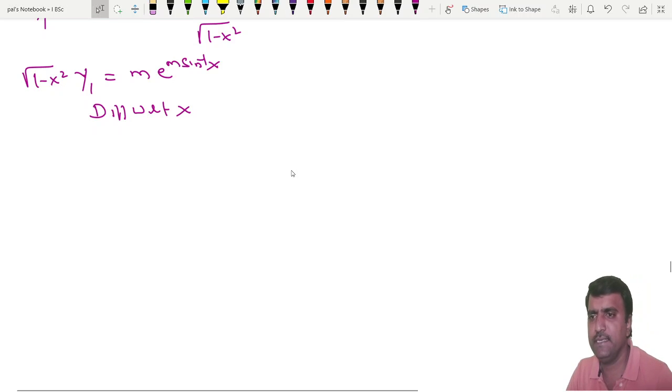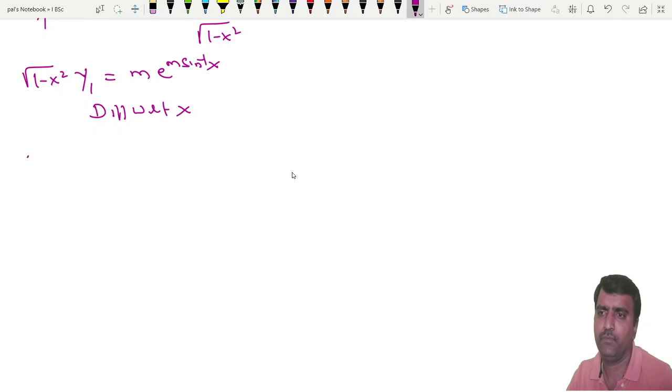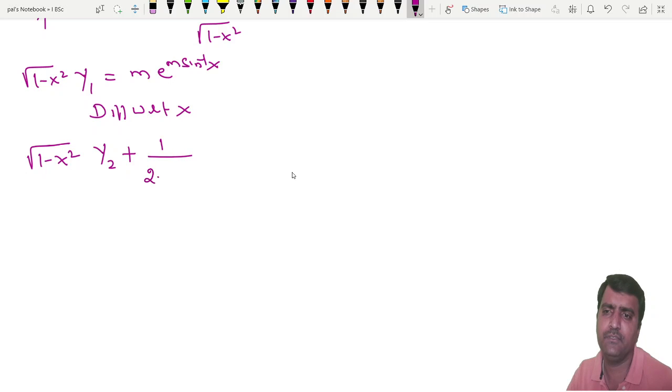Root of 1 minus x square, you keep that as it is, into the differentiation of y1 which is y2, plus, again the differentiation of root of 1 minus x square is 1 by 2 root of 1 minus x square, again the differentiation of 1 minus x square is, differentiation of 1 is 0 minus the differentiation of x square is 2x.